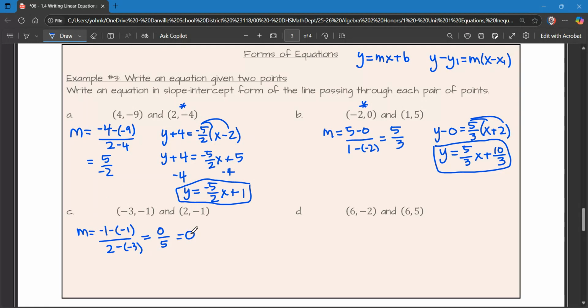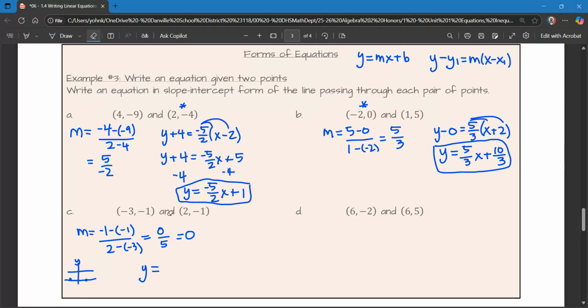So if your slope is 0, you are dealing with a horizontal line. So think about (-3, -1) and think about (2, -1). The slope is 0. Well, when you have a line that has a slope of 0, it's a horizontal line, and it goes through the y-axis. So the equation is going to be a y equals equation.